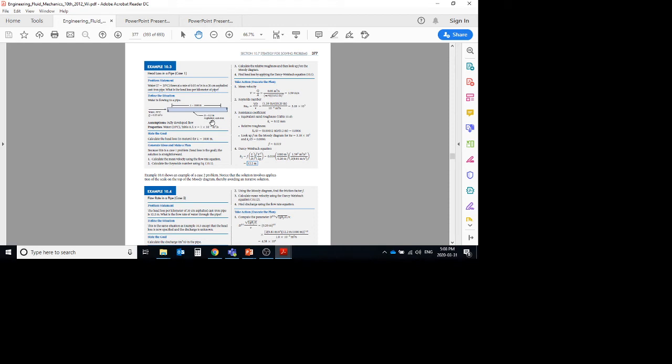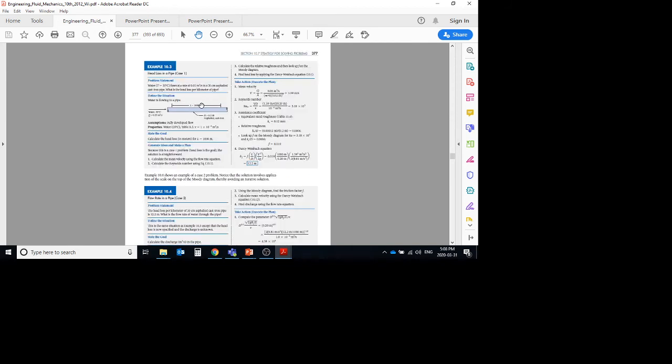Asphalted cast iron, here the K is 0.12 millimeter. That means we can calculate the relative roughness, 0.0006. Now we have to calculate the Reynolds number also to get the friction factor.